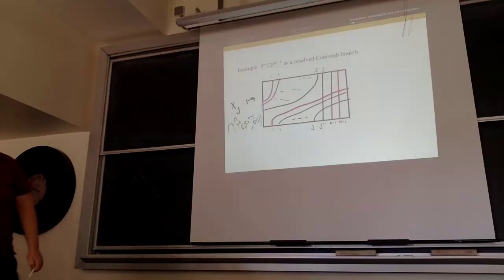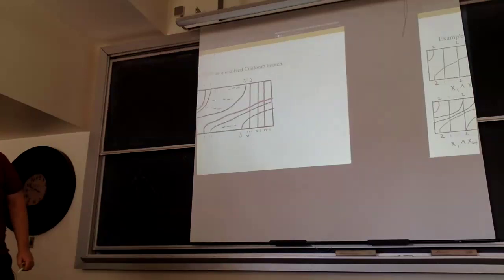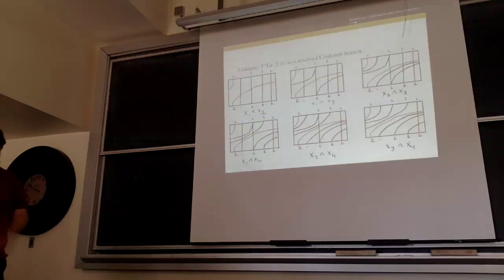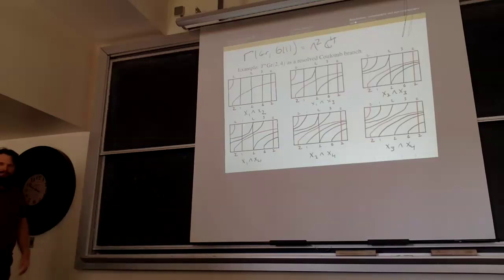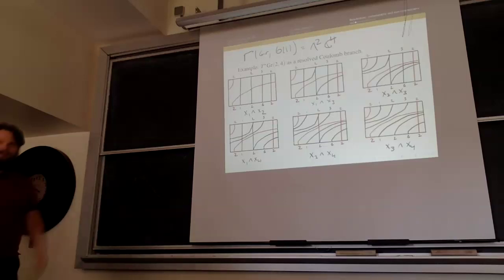All right, any other questions about this? Okay. So what about T star of Gr(2,4)? If I look at the sections of O(1) on the Grassmannian, that's a copy of the second wedge power of C^4, right?